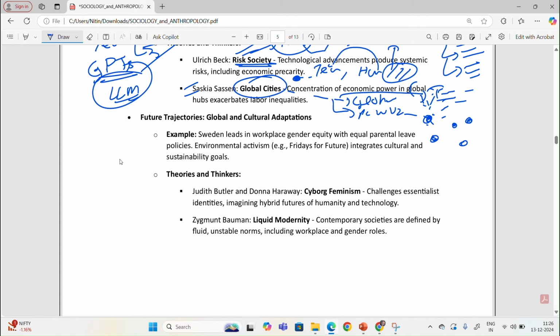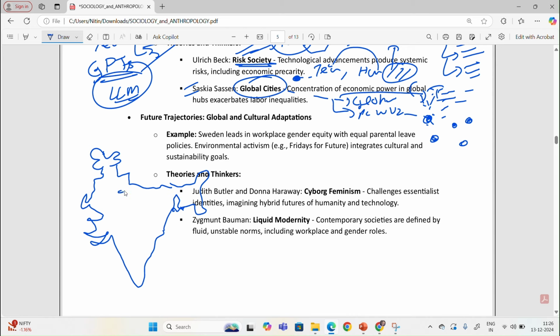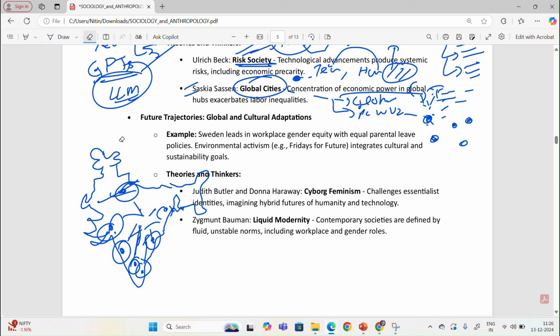So even if we see in India, certain places such as Delhi, Ahmedabad, Surat, Bombay, Bangalore, Chennai, Vizag, maybe Calcutta. These places are hubs of economy, and everybody else is dependent upon them. A lot of our economy is just contributed from these cities. So that's the concept.